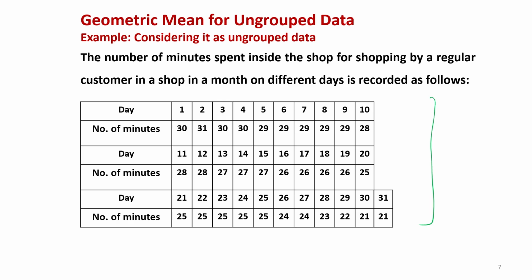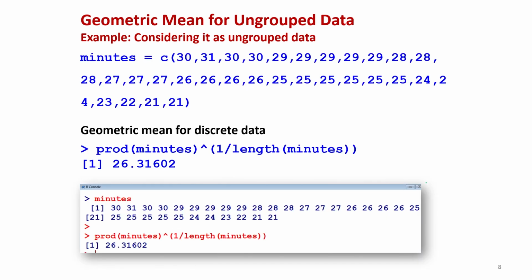So this is the same example we have taken: a customer is visiting a shop every day, and the customer is spending some time in shopping, and that time in minutes is recorded for each day. For example, on day 1 the customer spends 30 minutes, on day 2 the customer spends 31 minutes, and so on. And this data is now stored in a data vector minutes, right?